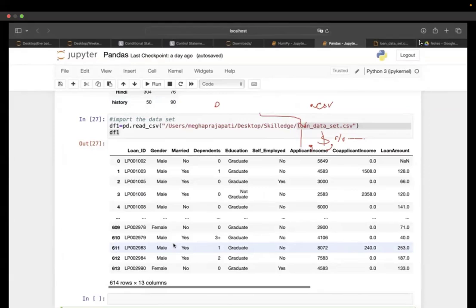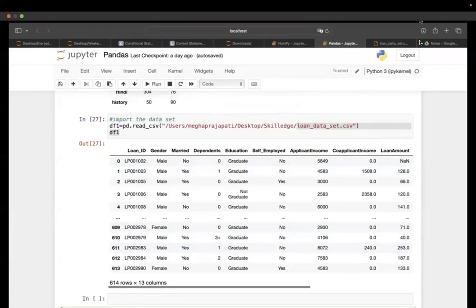So even if the extension of the file is comma separated value, the separator inside the file could be anything. So we have to prepare in such a way that it can convert my data into this tabular form with any separator inside it.